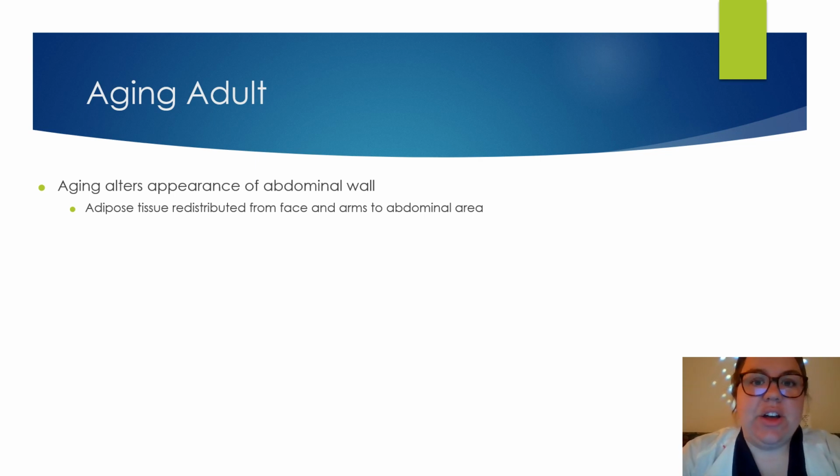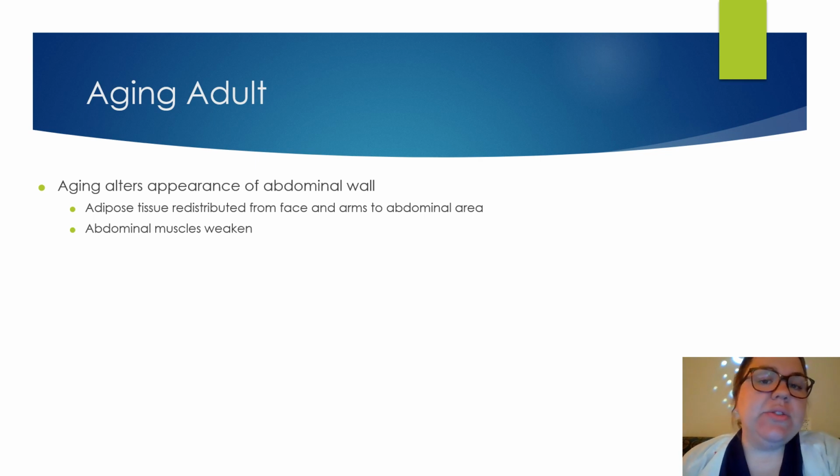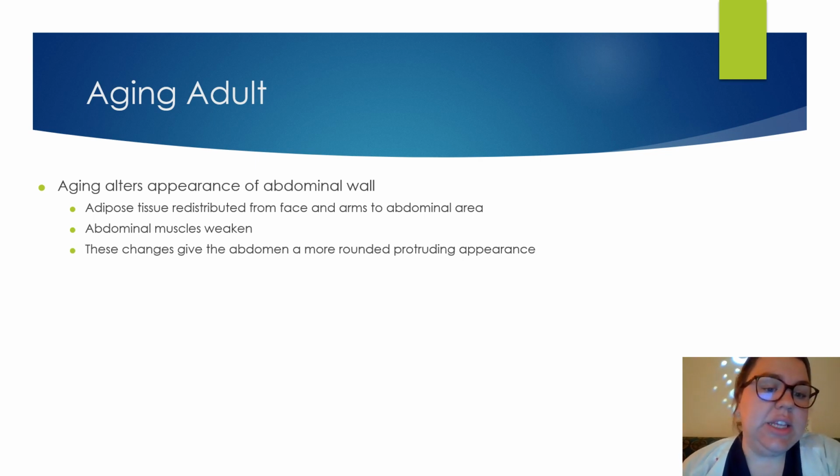If your uncle, your dad, or your grandpa, or some older gentleman or woman has a round abdomen and they're older, this is the reason why, because adipose tissue is now redistributed from the face and the arms, and it goes to the abdomen. Their abdominal muscles weaken. These changes, again, like we talked about, give that more round, protruding appearance, like that beer belly.